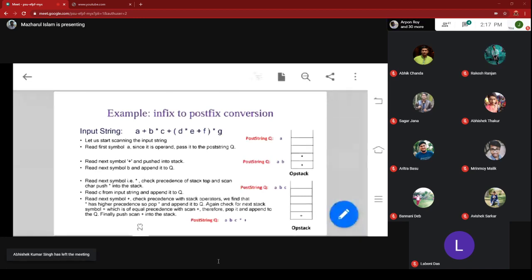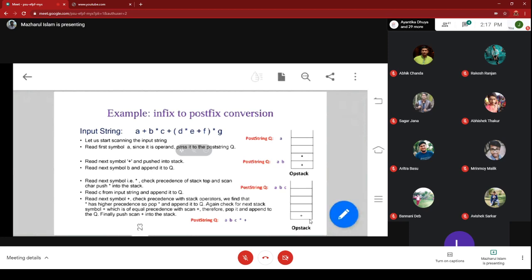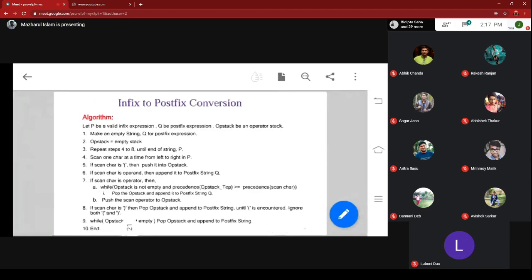What is multiplication? Multiplication is an operator. Where will it go? It will go to the operation stack. Okay, but before pushing to the operation stack, now you have to check step number 7. In step number 7, inside the while loop, your scan char is multiplication. And what is at the top of the stack?